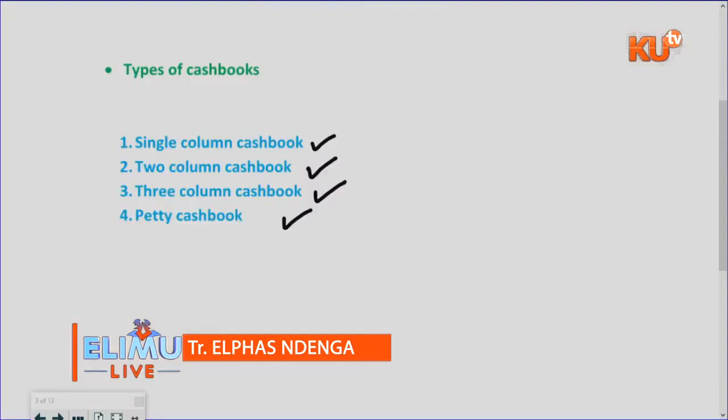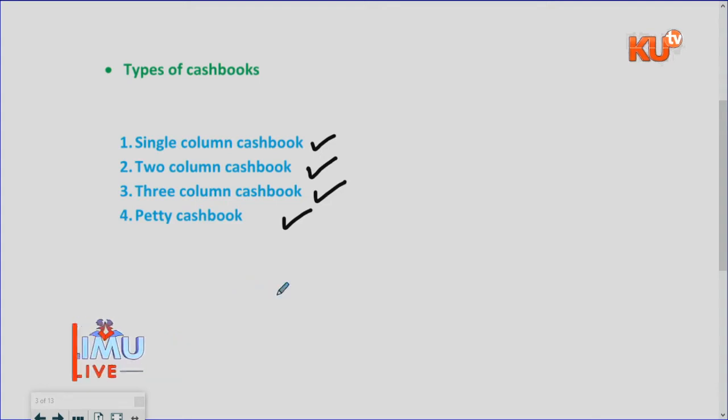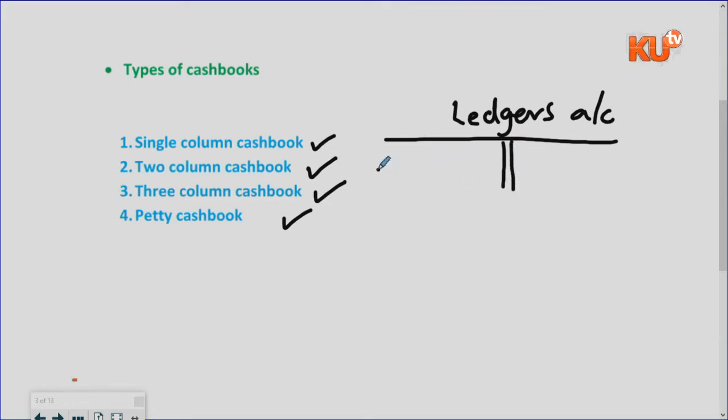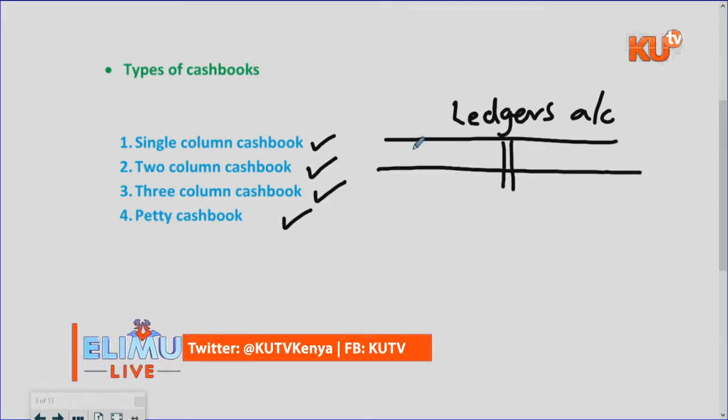Now, we explain these cash books based on what we call the amount columns. Each one of them has a certain number of amount columns. I want you to review something on the ledger. When you are looking at the ledger account, we say that a ledger is prepared in a T format. This is the format of a ledger.